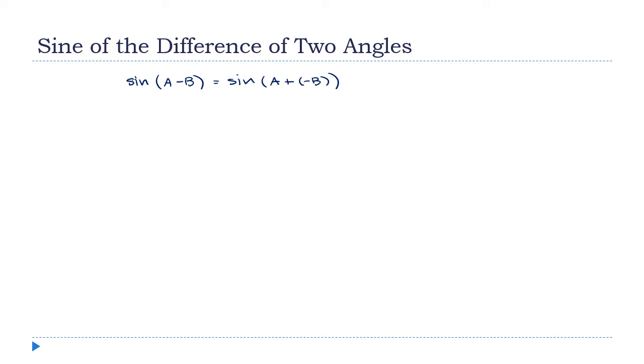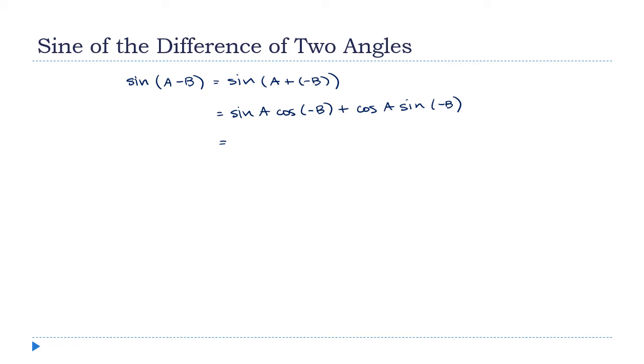And now I've got a sine formula, right? This is the sine of A cosine of minus B plus the cosine of A times the sine of minus B. And what happens now?